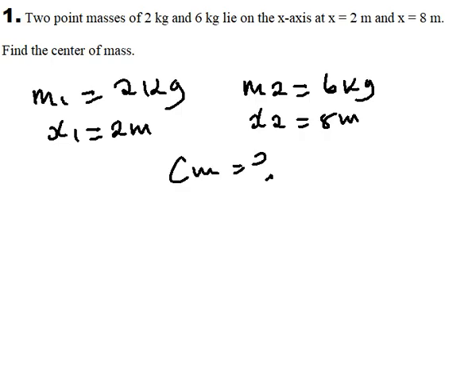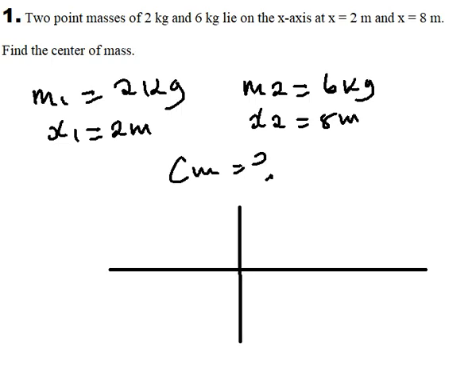I recommend that if there is a possibility of having a diagram, you should come up with one, as it gives you a picture of the situation. So for the 2 masses, let's say this is the origin. Mass 1 is at the position 2 meters from the origin.